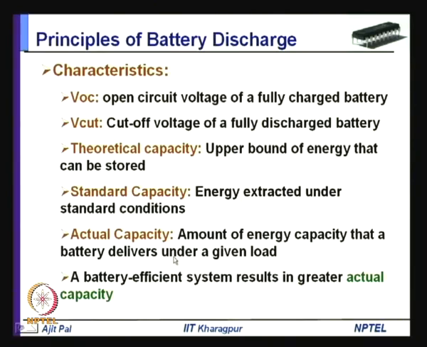So, the temperature effect has to be taken into consideration, and not only that, the current discharge profile. You are not really drawing a constant current from the battery, which is what is assumed when you define standard capacity. Normally, you sometimes draw heavy current. For example, whenever you are starting a car, you draw a very large current to start the motor. On the other hand, when it is running, the battery is essentially not supplying much current.